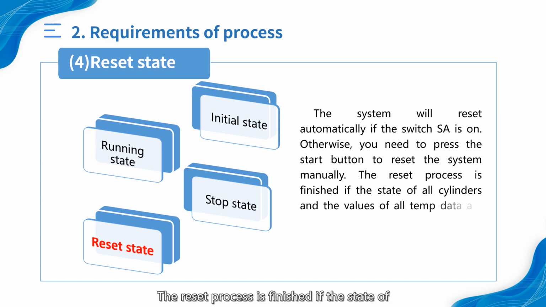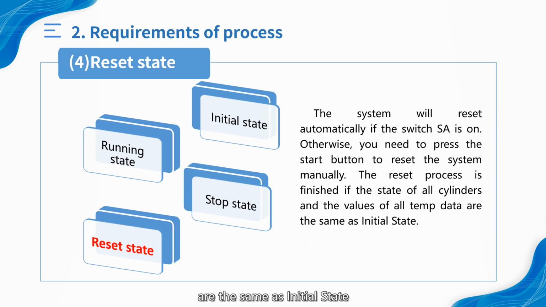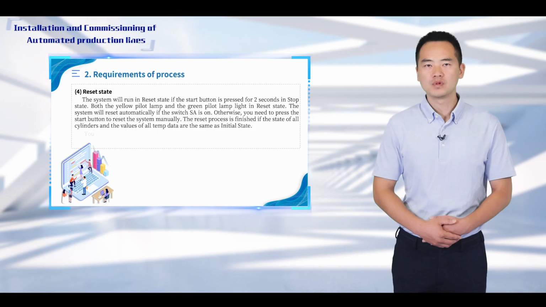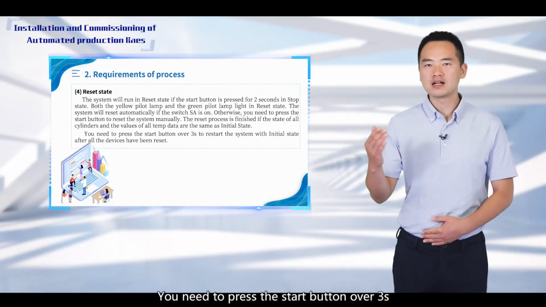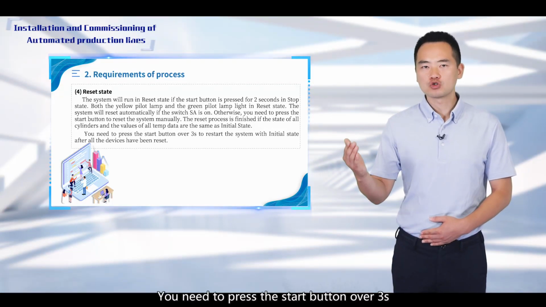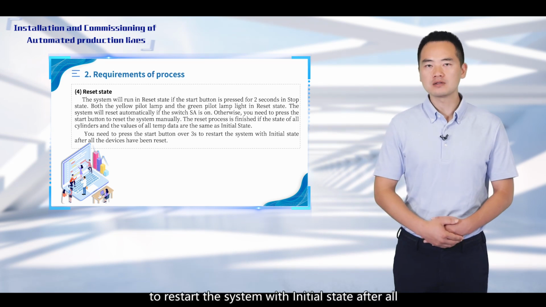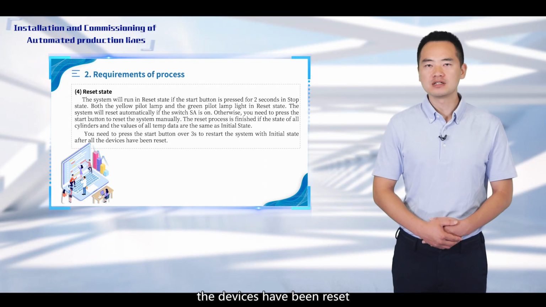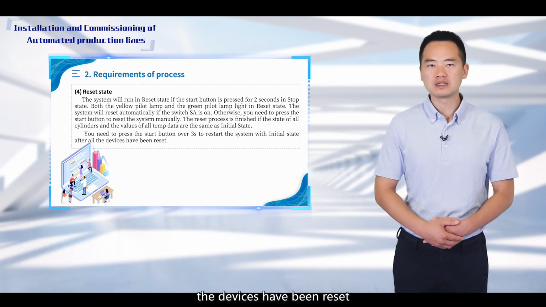The reset process is finished if the state of all cylinders and the values of all temp data are the same as the initial state. You need to press the start button over 3 seconds to restart the system with initial state after all the devices have been reset.